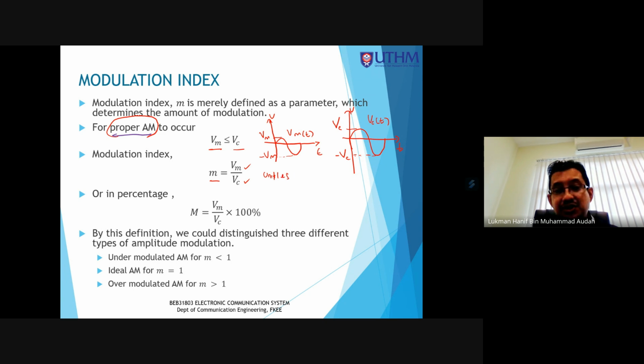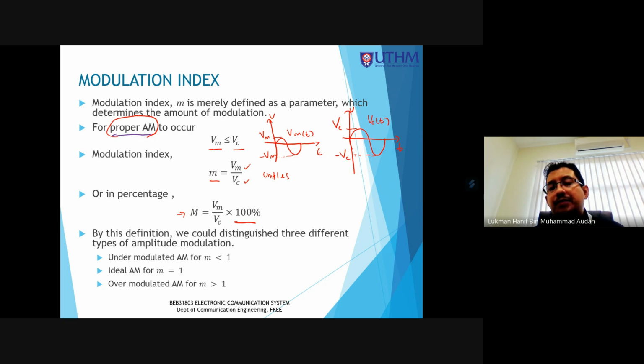This is a ratio, a unitless parameter, which is m. The modulation index can also be represented as a percentage by multiplying by 100%. So you use a capital M here for the percentage.